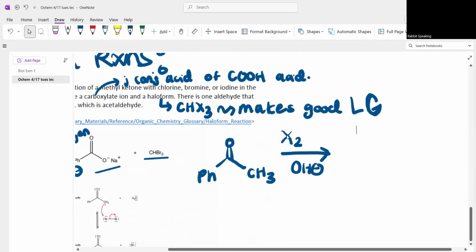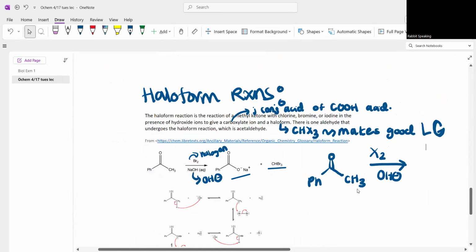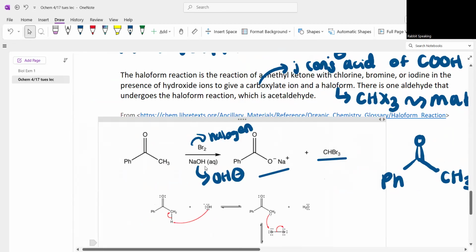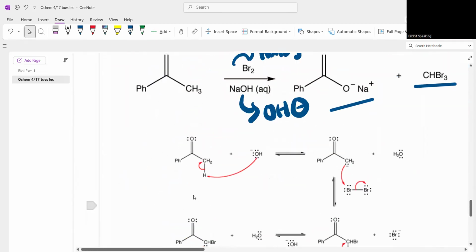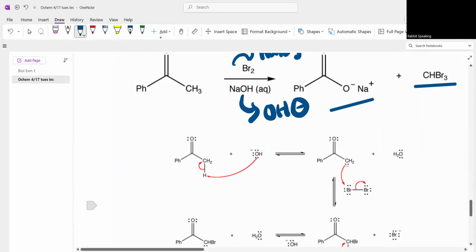And then you have your methyl ketone over here, you're reacting it with our halogen, and you're providing hydroxide. The first step of the mechanism is that our hydroxide is deprotonating one of the hydrogens on the methyl.